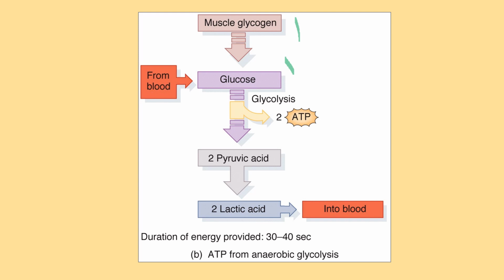So inside a skeletal muscle cell, that glucose can come from one of two places. It can come from the pantry, right? The storage closet inside a muscle cell. Muscle cells have glycogen in them, and that glycogen can be liberated to form glucose, and then that glucose can be used for glycolysis. The second source is from our cardiovascular system. So there is always glucose in your blood. You need to have that glucose in your blood or else you die.